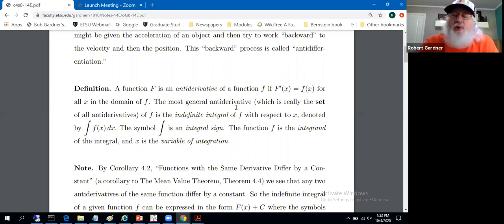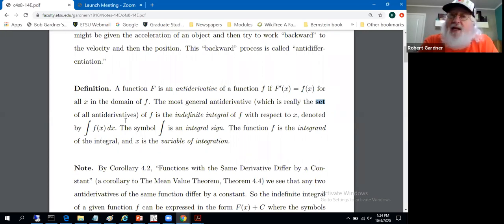The most general antiderivative, and I will usually describe this as a set, calling attention to the word set, is the set of all antiderivatives. The book won't use that terminology, and you're highly unlikely to see it elsewhere, but it's a good terminology.